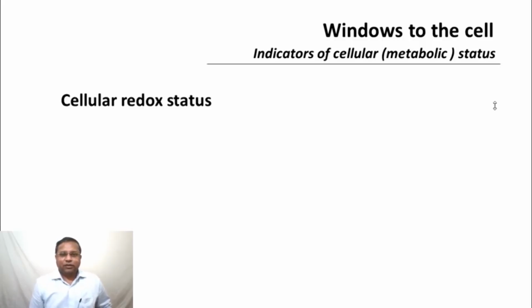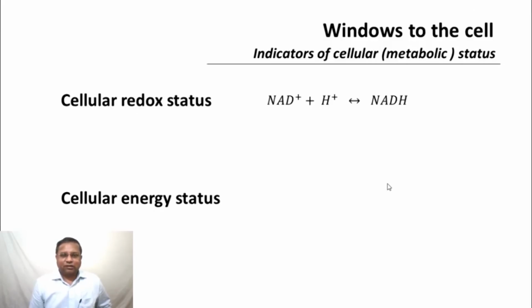The cellular redox status is a well-known indicator, and cellular energy status is another well-known accepted indicator of the cellular or the metabolic status of the cells. The cellular redox status is typically derived from NADH, nicotinamide adenine dinucleotide, and the hydrogenated form of that.